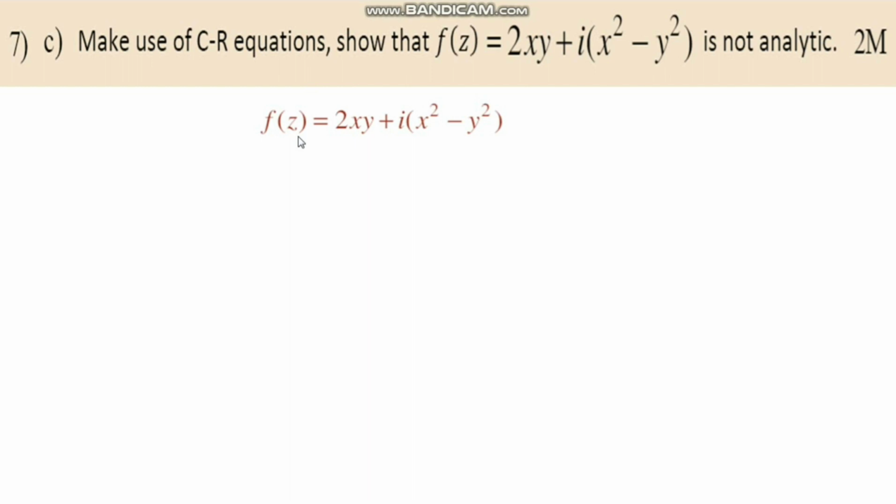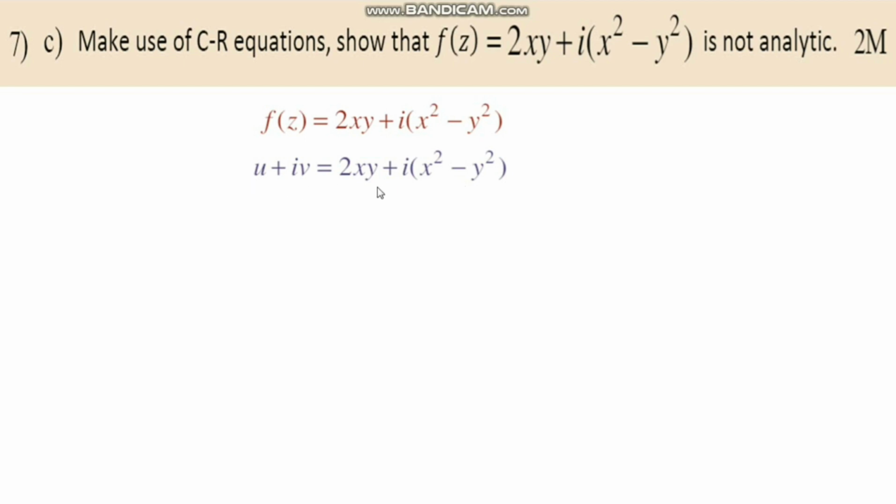We are given the function f of z equals 2xy plus i times (x square minus y square). We need to find the real and imaginary parts of the function f of z: u plus iv equals 2xy plus i times (x square minus y square).